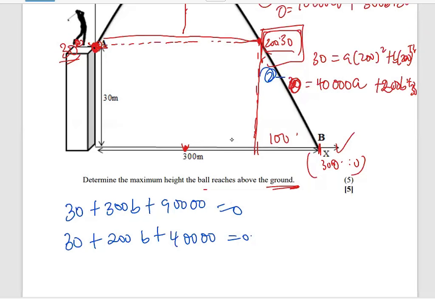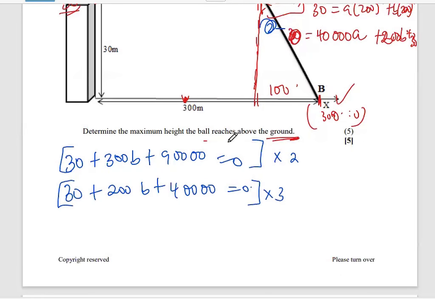So I can multiply this top part by 2, multiply this bottom part by 3, and then I'll subtract. So what will the top part become? It's going to be 60 plus 600B plus 18 with those zeros.